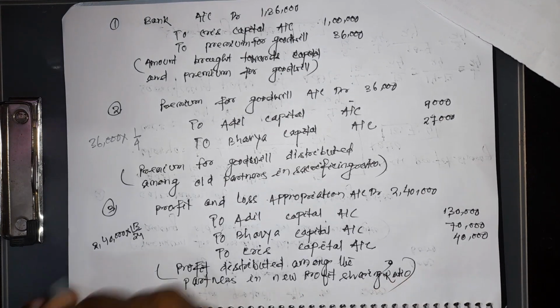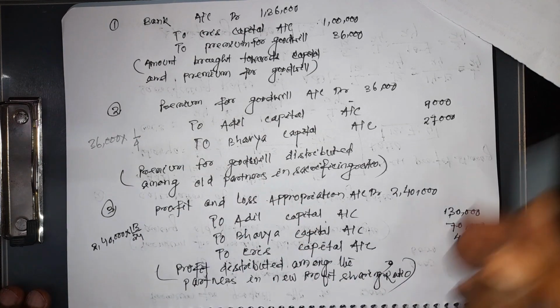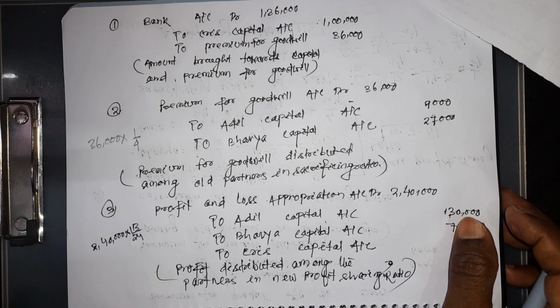Clear? So the solution here has 3 journal entries. In the next video I will explain about the hidden goodwill.